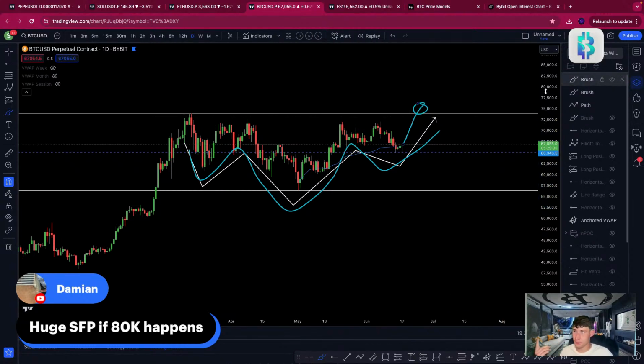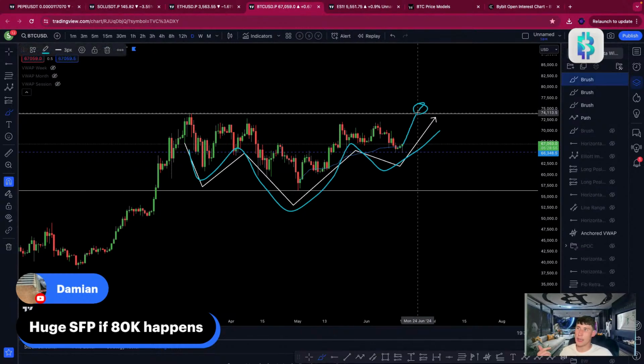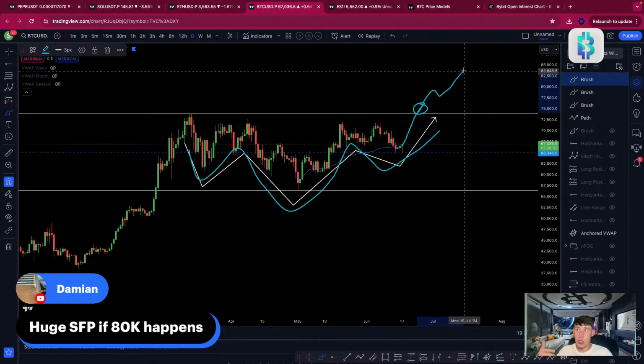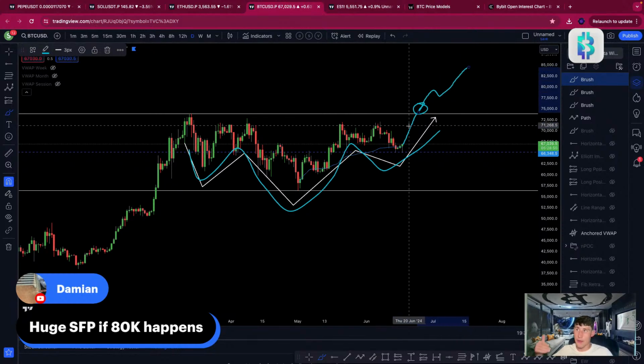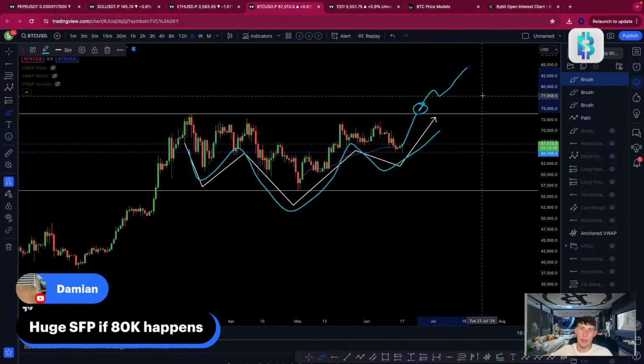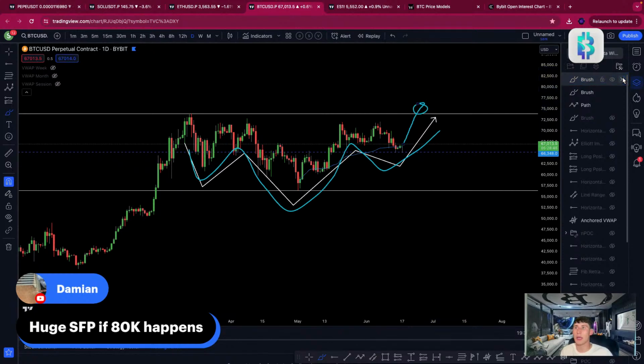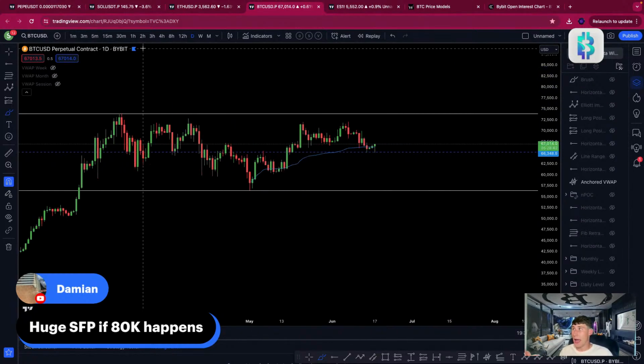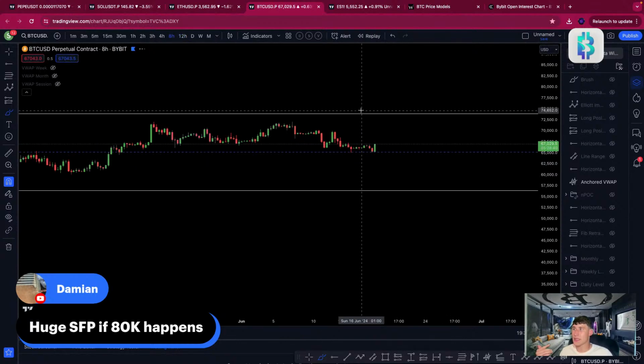If we came up here, loads of long trades opened up, and we got the follow through, i.e., longs continue to open, then we can see price continue higher. Then I'll be happy to say, okay, this is a nice breakout. We're going to see price continue higher.